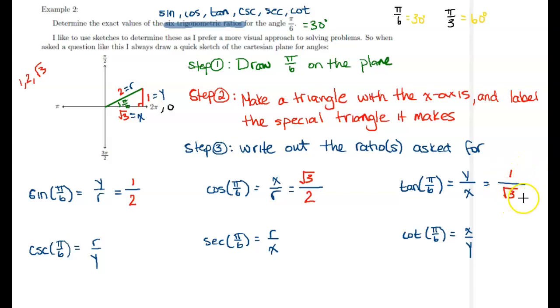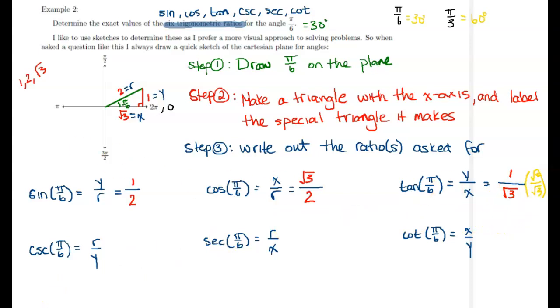So I'm going to multiply this by essentially 1, so it holds the integrity of the original statement, but I'm going to multiply it by root 3 over root 3. Because when I do that, if I multiply the tops, multiply my bottoms, root 3 times root 3 is just a positive 3.